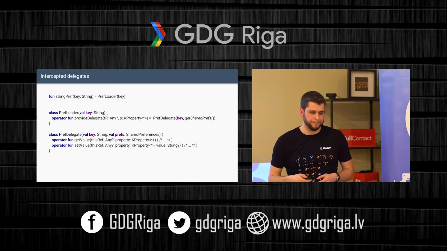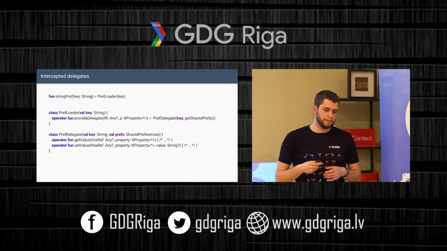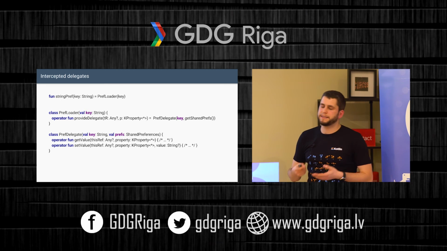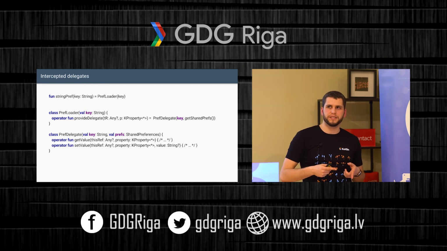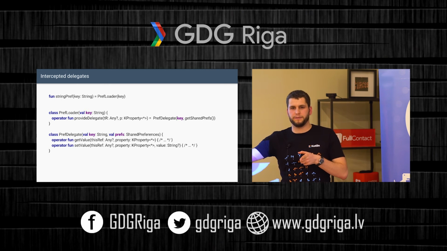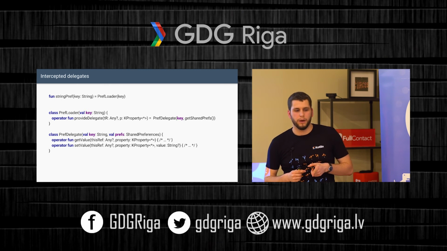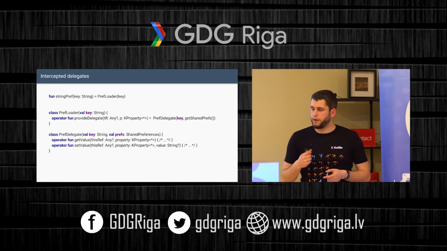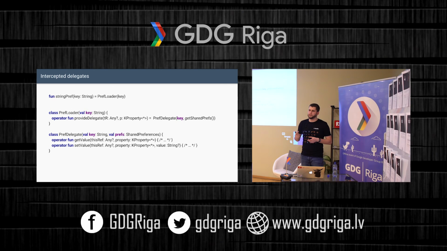Complicated stuff goes here. In 1.1, you can create delegate interceptors, which are objects that create delegates, that create value for the object, for the field that you are using. Why is that useful? At least in my opinion. Again, in Android, shared storage is kind of a static resource, and you don't want to access it from all over the place.